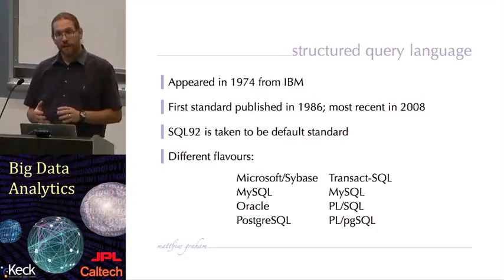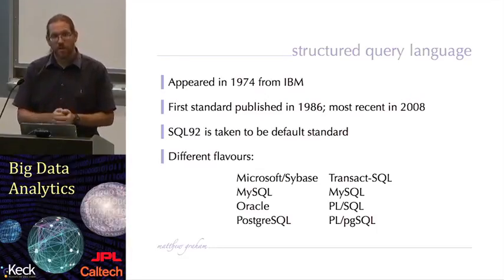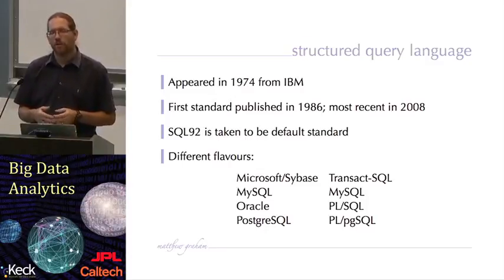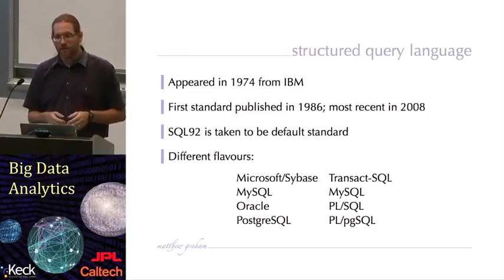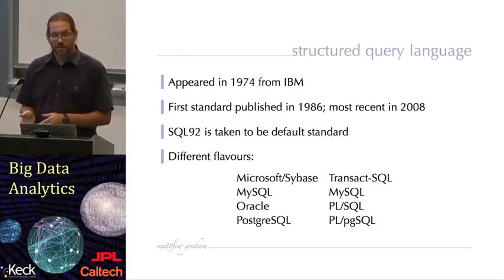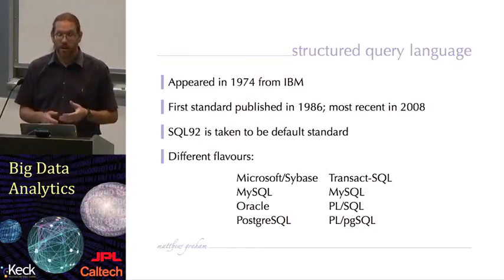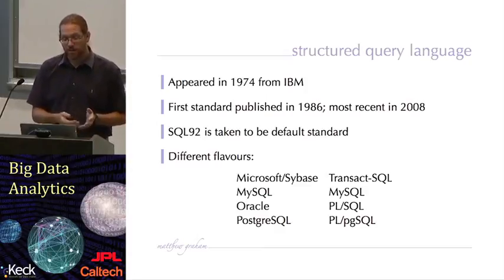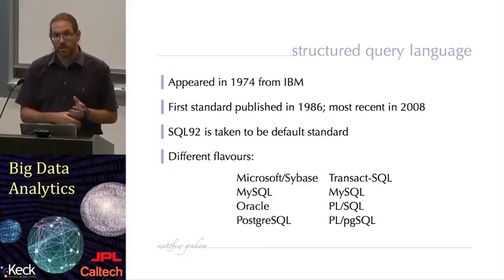There are different flavors of SQL, even though they are all supposed to be attached to a standard, and those will vary from the different types of relational database management system that you are actually using. So Microsoft and Sybase use a flavor called Transact SQL, MySQL uses MySQL, Oracle uses PLSQL, and Postgres uses PGSQL.